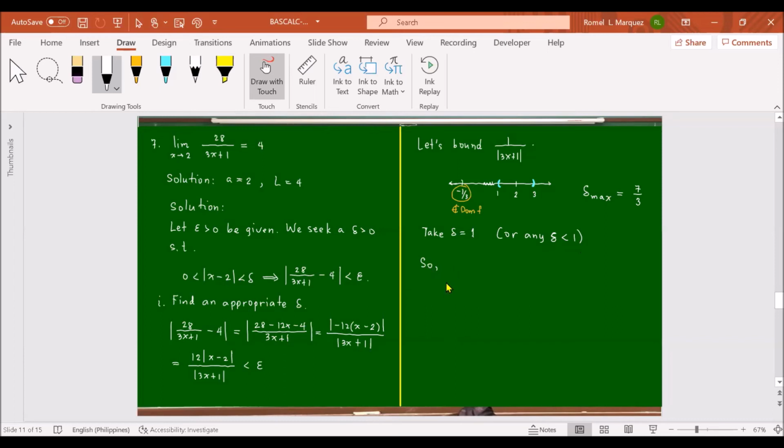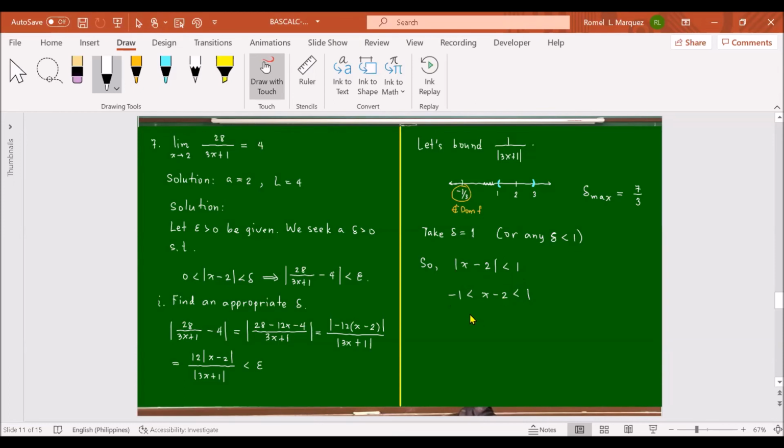So we know that the absolute value of x minus 2 is less than, I take my delta to be 1, less than 1. If I get rid of the absolute value, x minus 2 is between negative 1 and 1.